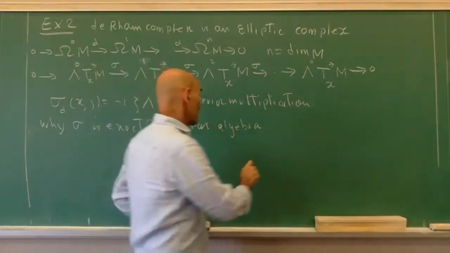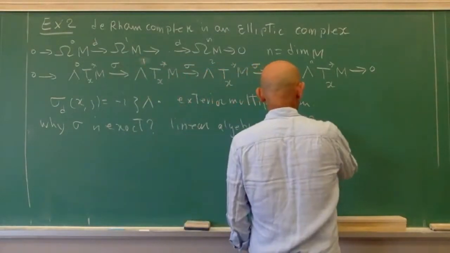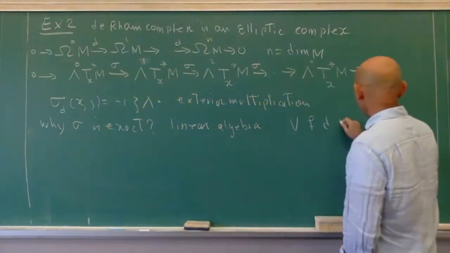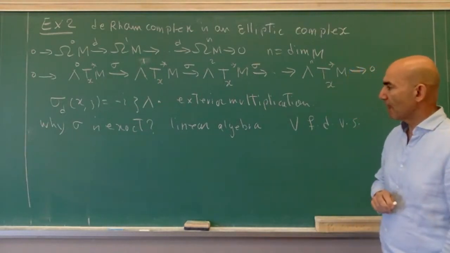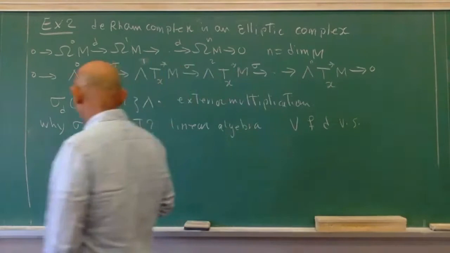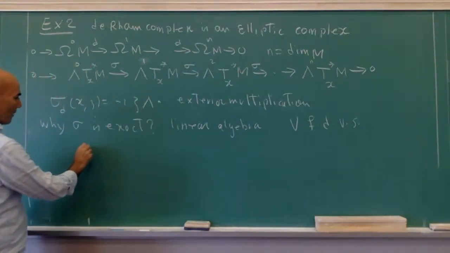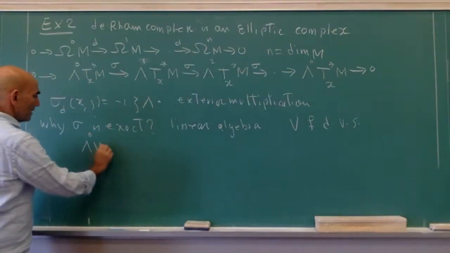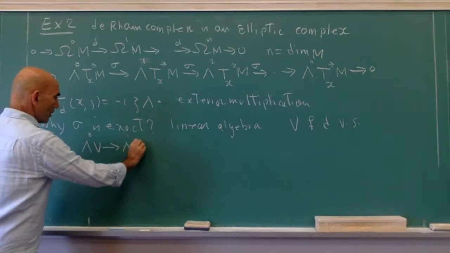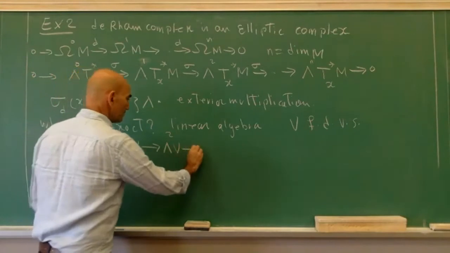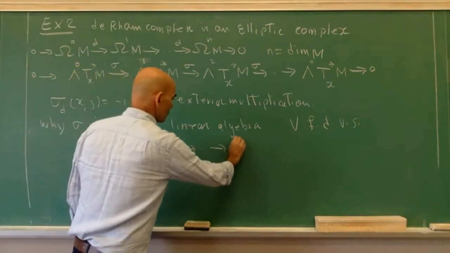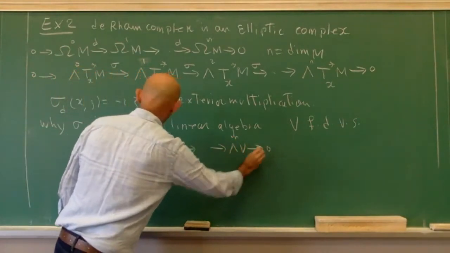So let's assume you have V, a finite dimensional vector space. And then you can define a complex like this: wedge 0 of V, wedge 1 V, wedge 2 V, up to wedge n V, to 0.